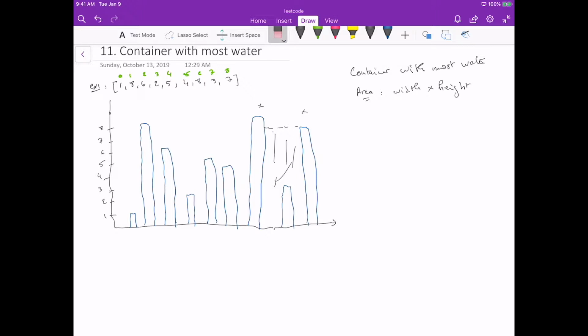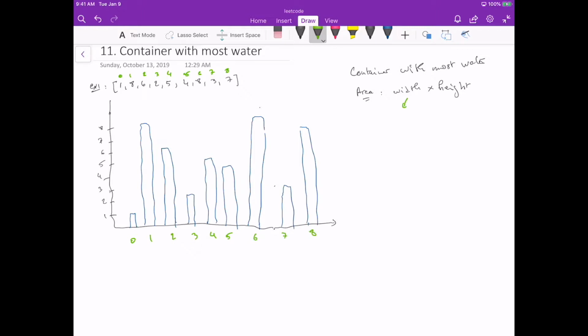So in our case, for two heights, what is the width and what is the height? The width is basically, if we have indexes, and here the indexes we have are 0, 1, 2, 3, 4, 5, 6, 7, 8, the same as the ones above.